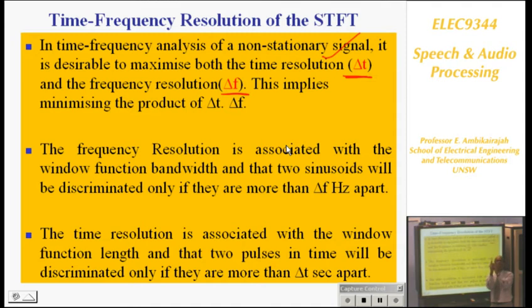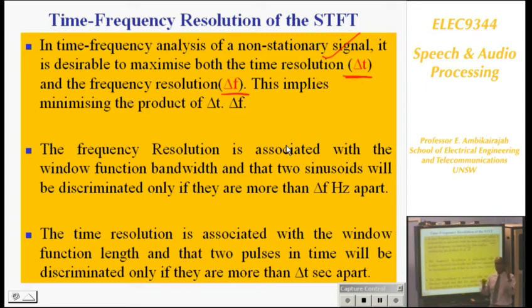So what's the minimum frequency distance I can give, F1 and F2, the difference between those, delta F, so that at the output I can see those two frequencies? What is the minimum time instant? I give a pulse here, and after how long should I give the next pulse so that I see the two pulses at the output? That's called the time resolution. So any system has this limitation, time resolution and frequency resolution.